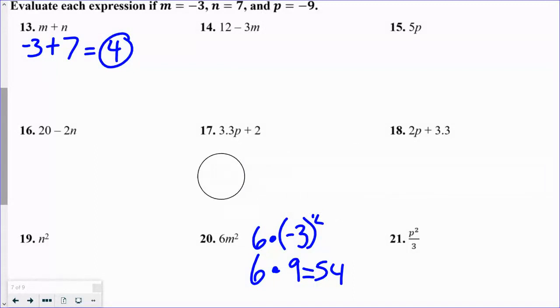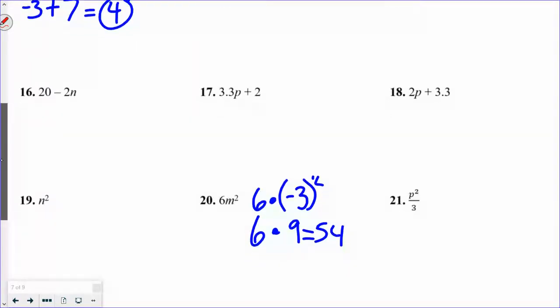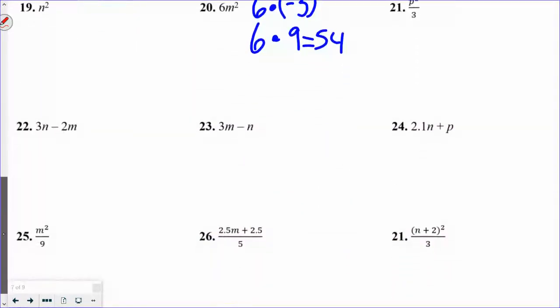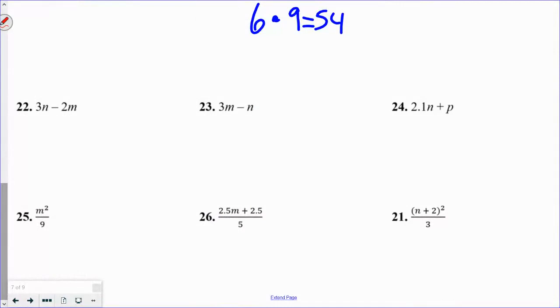Okay? That was just one of those things to watch out for when you have the squaring. Okay? You want to make sure you're remembering if you're working with negatives and whatnot. Okay? Let's see, there was another one I wanted to make sure that we go over that was a little bit different. All right, let's go to 21. Well, I think that was supposed to be 27. Let's go there. All right, it says n plus 2 squared, all divided by 3.